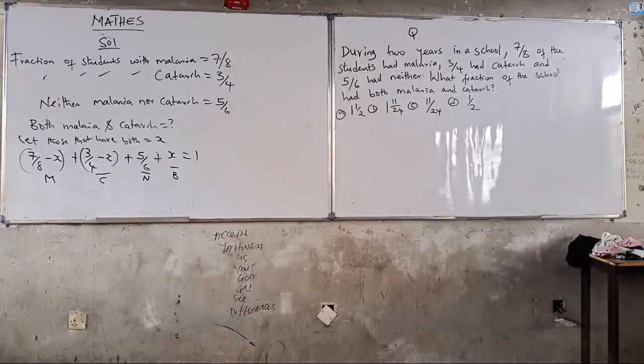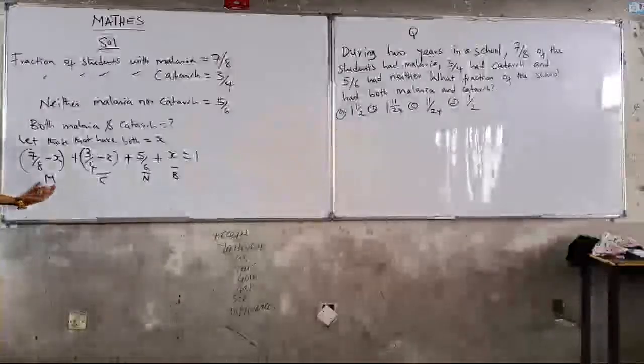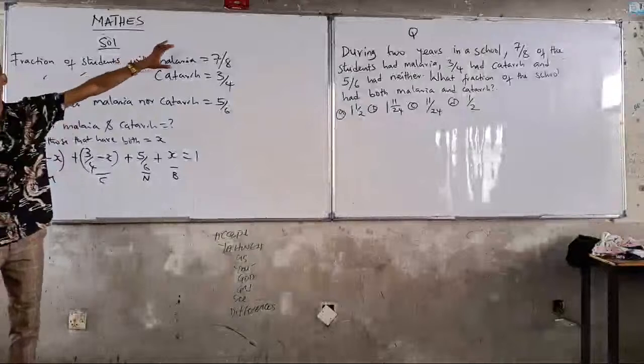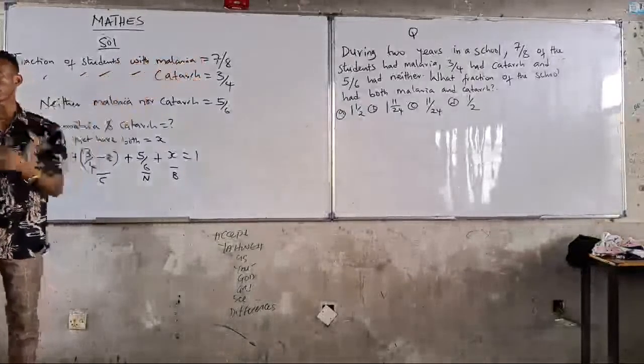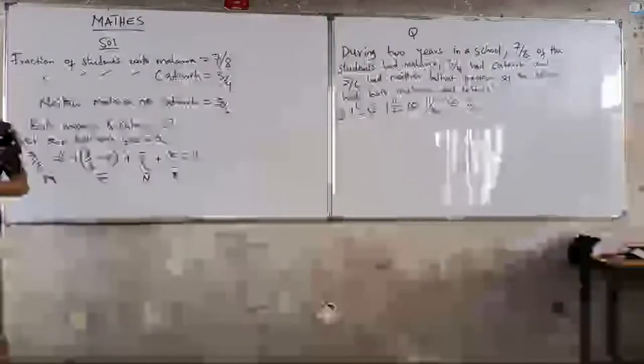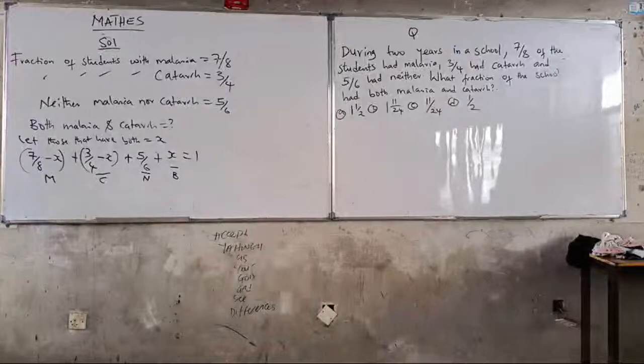That's not the answer. It's not the right approach. Malaria, only malaria, or this one we're giving here? No, it does not work. The malaria plus catarrh, which value do you use?